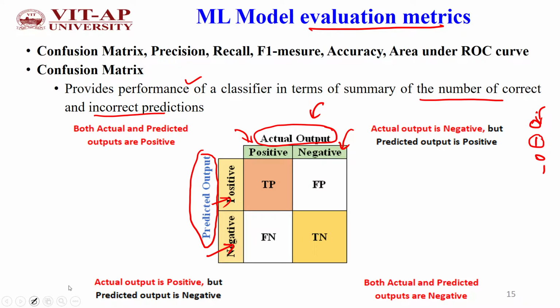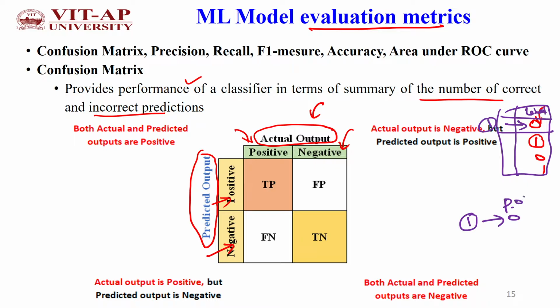So here, the given label in the table is 0 for the first sample, and our model also predicted 0 for the first sample. You look at that, this is the predicted output and the actual output.